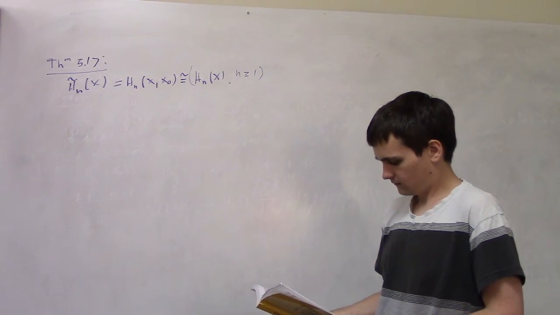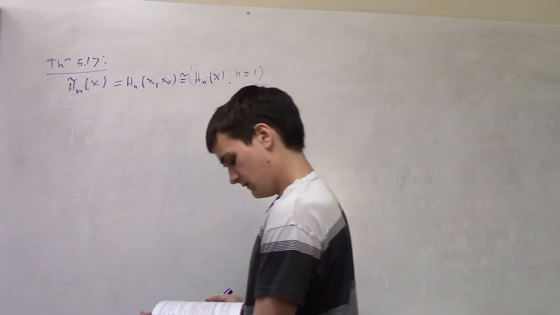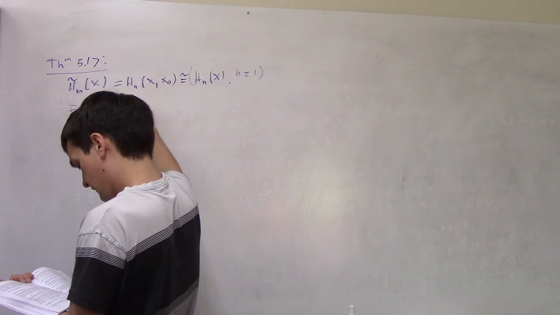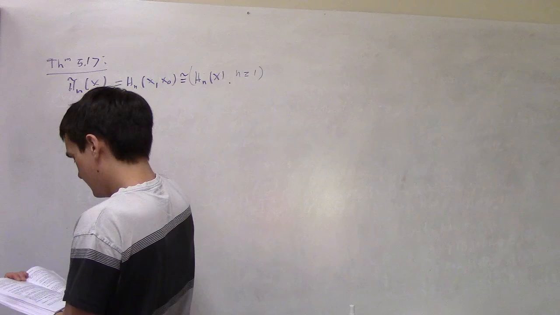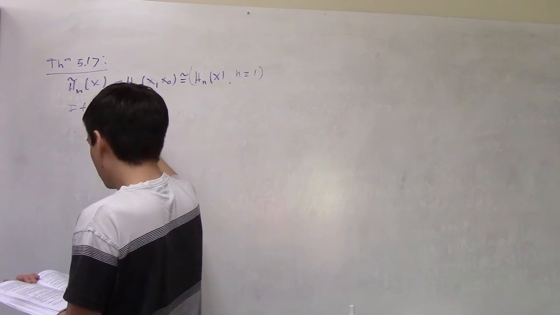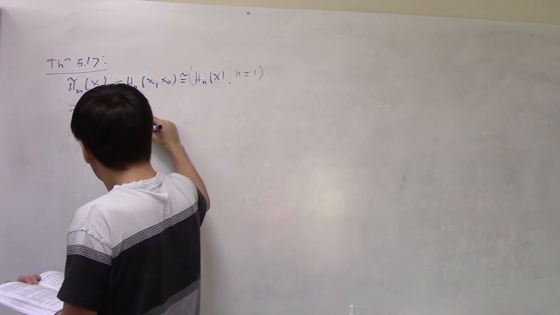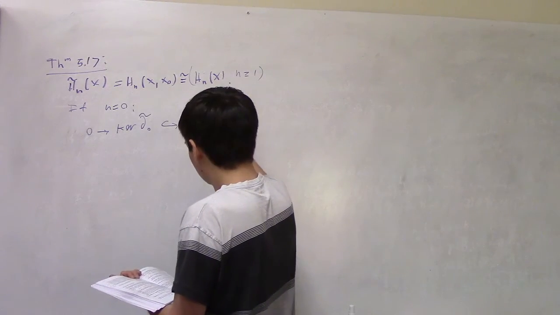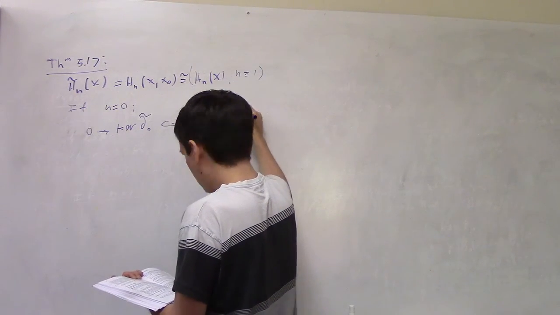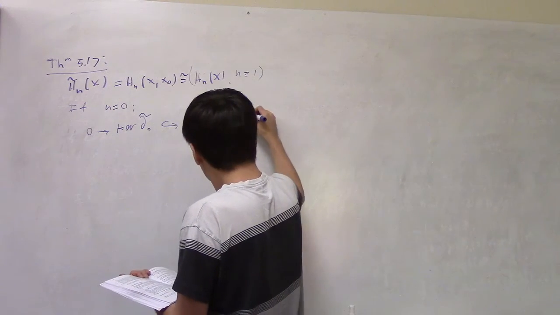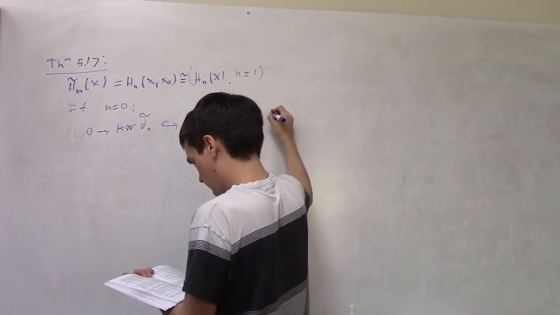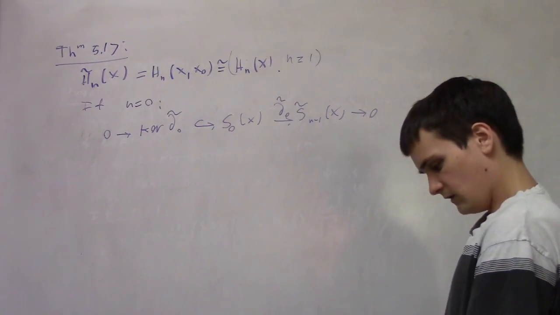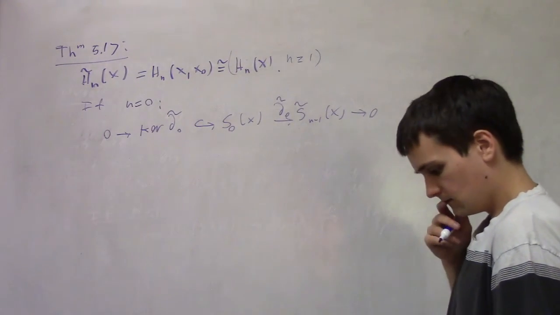So what does he do? If n is equal to 0, this gives us a short exact sequence. And what does that give us?